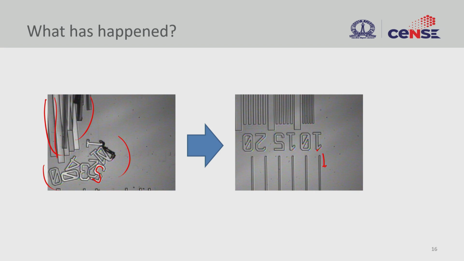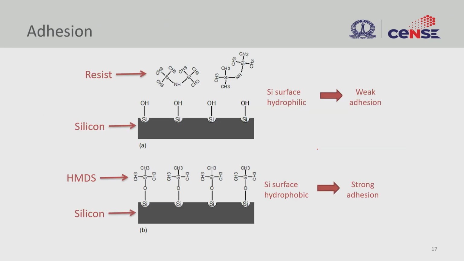So this is not just the patterning. Adhesion is also very important when you are handling optical lithography in general. If you are going to address lithography, one needs to understand the surface chemistry. When you take a silicon wafer, normally you clean the wafer, and so you will always have an OH terminated substrate.